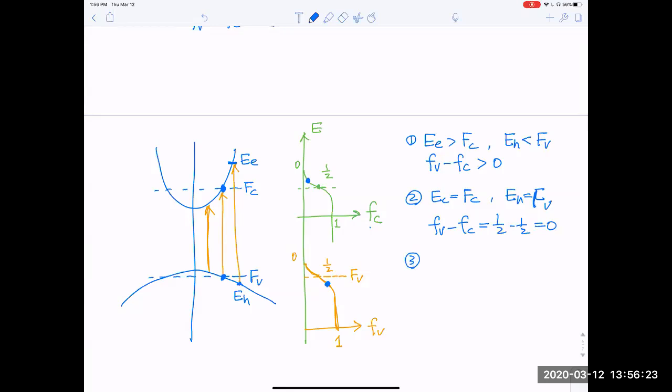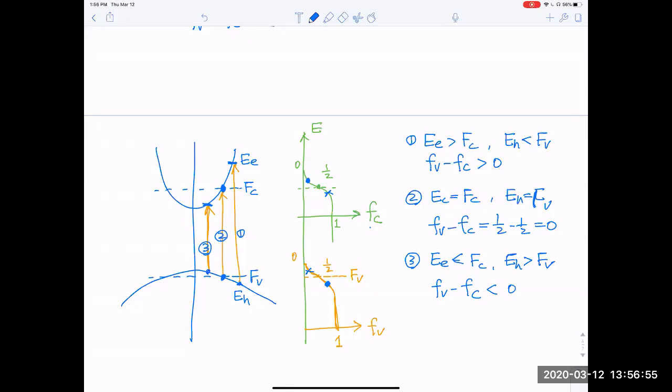In the third case, so this is 1, 2, 3, EE is now below Fc, and by the same token, EH will be now higher than Fv. In this case, Fv minus Fc will be somewhere between these two crosses. So this will be less than 0.